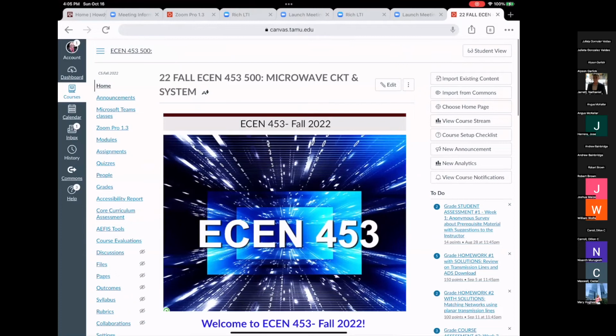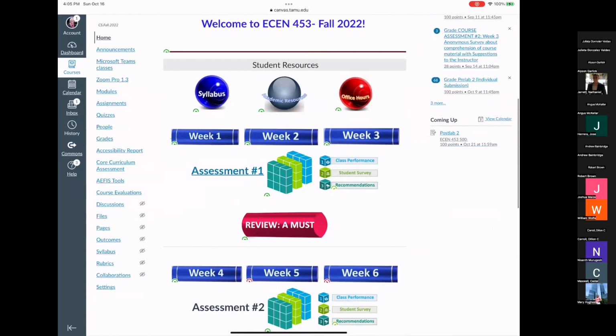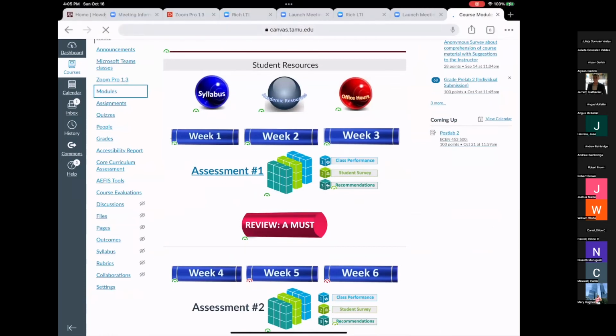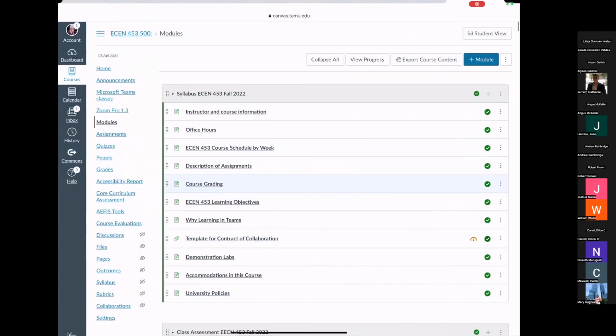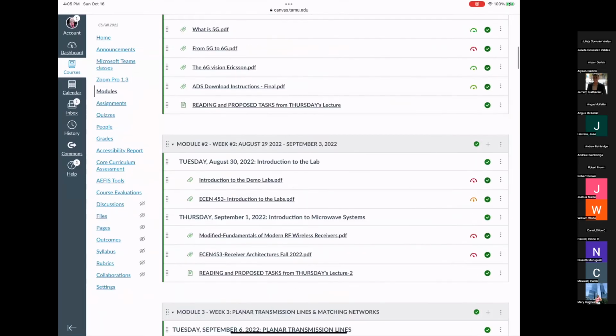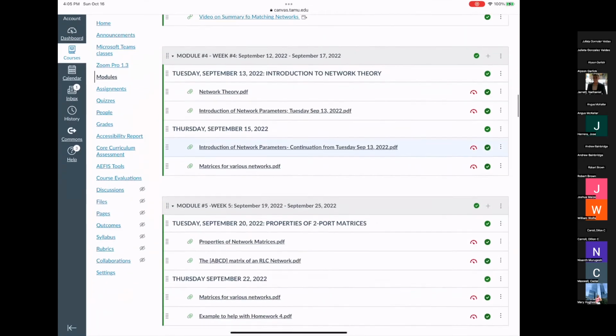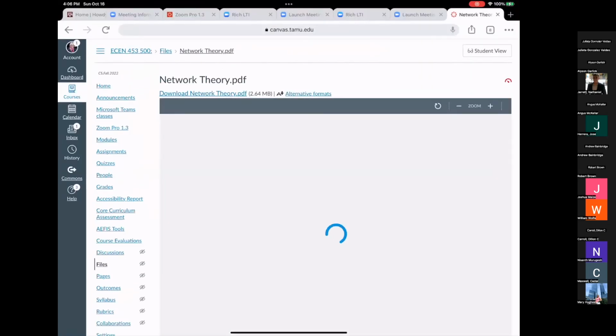I want you to be able to at least read the text notes that I give you, because there are things that you will find very useful there. And that's why I put them also in the modules. So network theory. I have already removed a lot of pages.